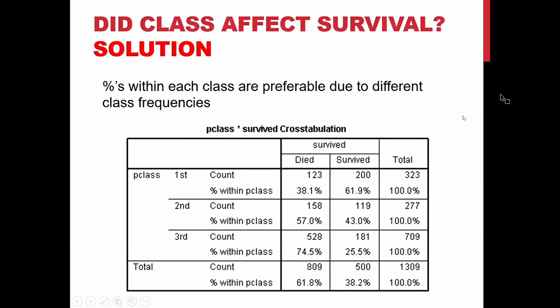So in here, did class affect survival? The solution for that: the percentages within each class are preferable due to different class frequencies.